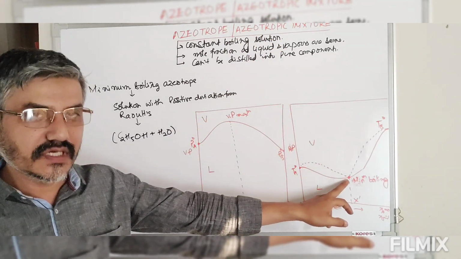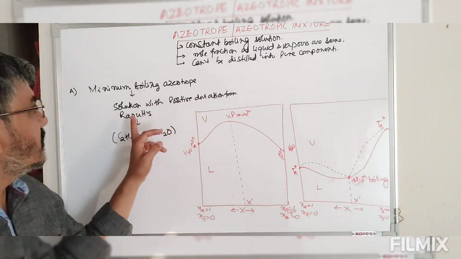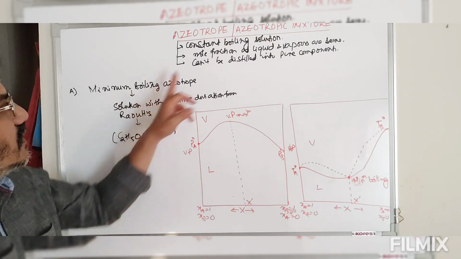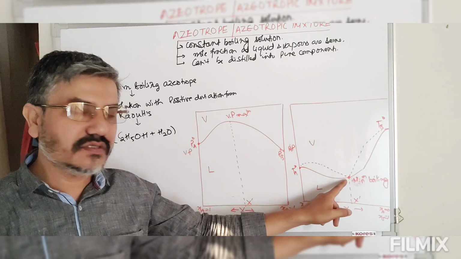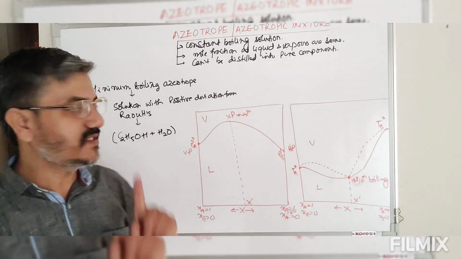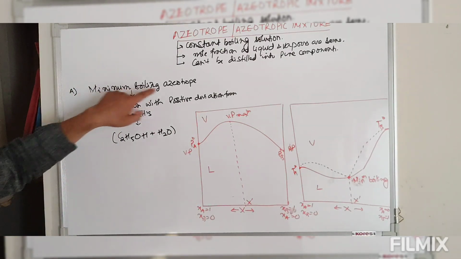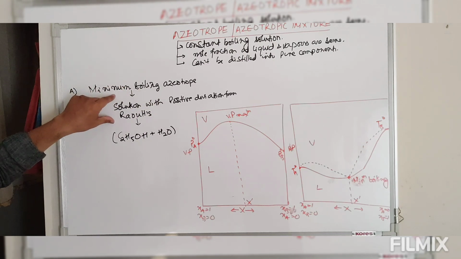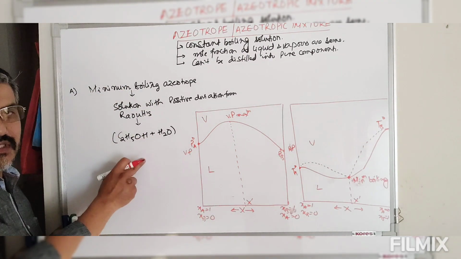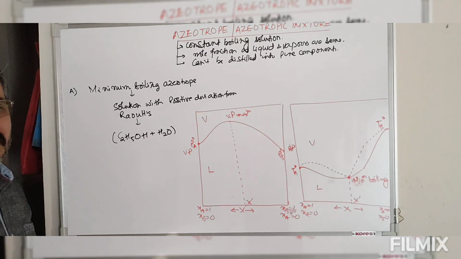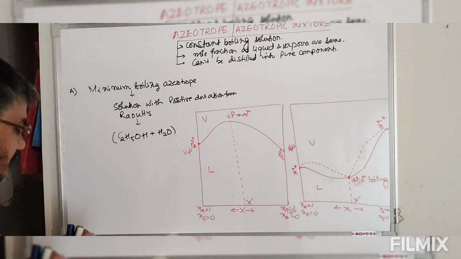So at this point the compositions in liquid and vapor are identical and the solution boils at a constant temperature, that is known as minimum boiling. So minimum boiling is shown by solutions with positive deviations. That means this ethanol water mixture cannot be distilled to 100% by the normal distillation process.